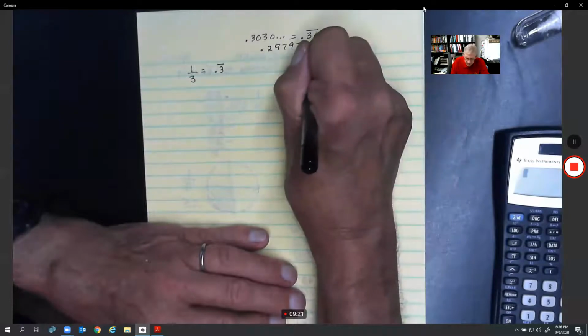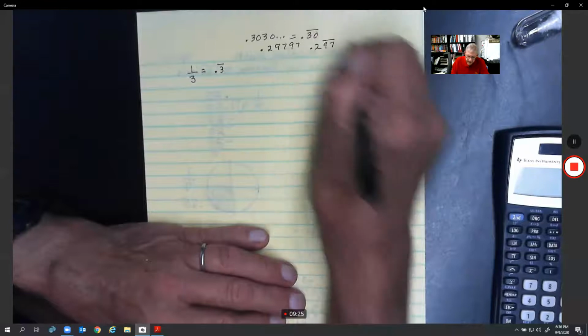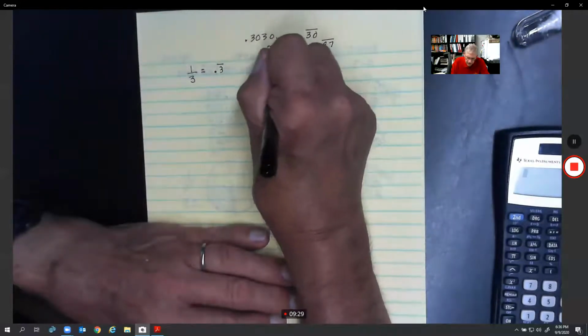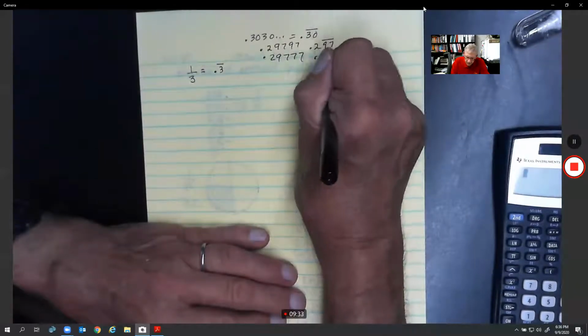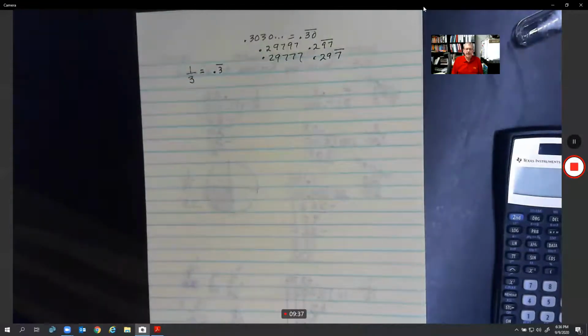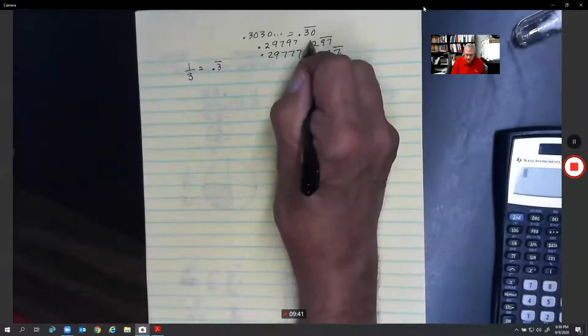Then we would put it as 0.2, but just the 97 is repeating. What if it was 0.29777? Then it would be 0.29 with just a line over the 7. So the line is showing just the numbers that repeat. Here, the 2 doesn't repeat.